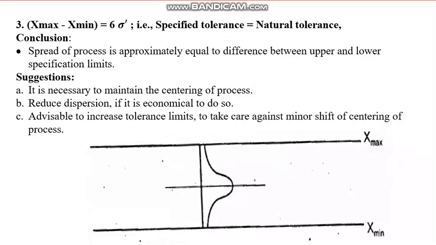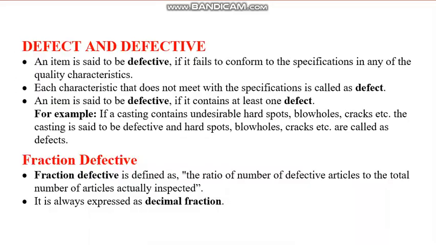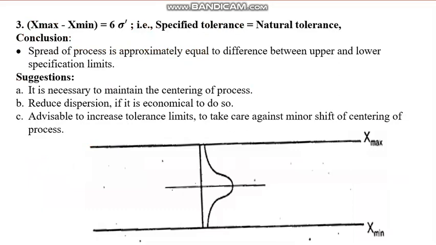If any shift comes, it will fall outside. Therefore, think of taking slightly wider tolerance limits, that is, increase x maximum minus x minimum. But if you increase it like that, you are making a compromise with the quality.